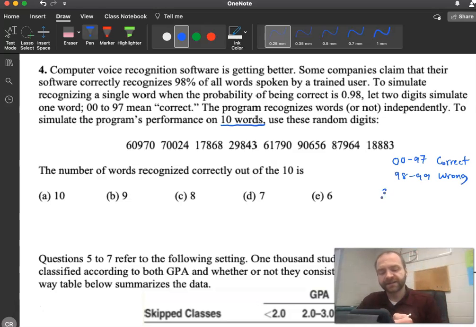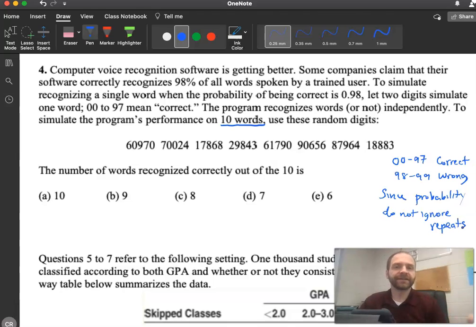And since this is probability, we do not ignore repeats. Because then you're ignoring the fact that the event occurred. I mean, if the event occurred, that means the probability worked. You don't want to ignore that. And so be careful on that.